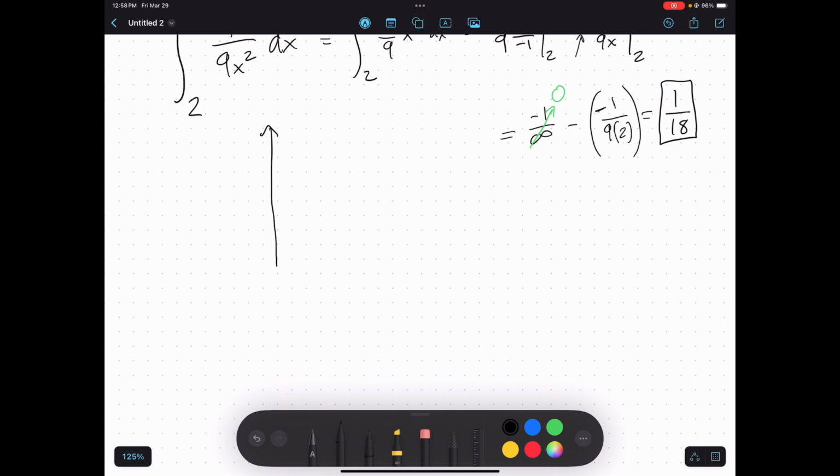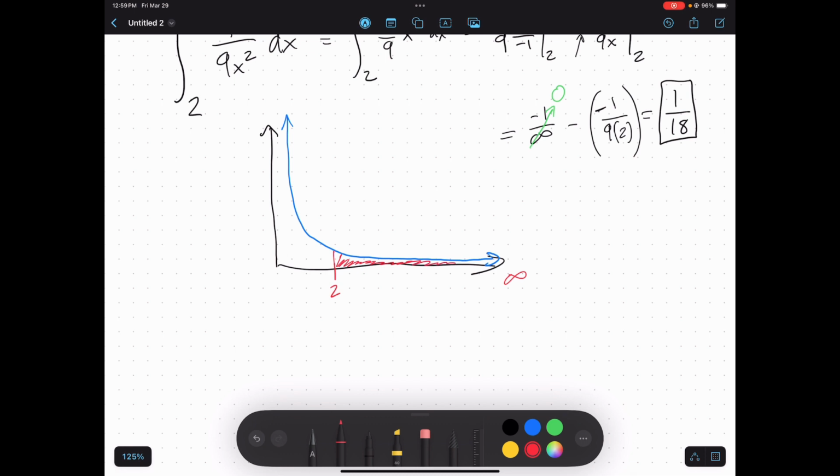And this is a cool phenomenon with improper integrals. Just because one of your bounds is infinite doesn't mean your area is going to end up being infinite. The reason why is 1 over 9x squared looks really similar to that 1 over x function, except it looks something like this. And if I'm going from 2 to infinity, right, infinity's way over there, I'm finding this area.